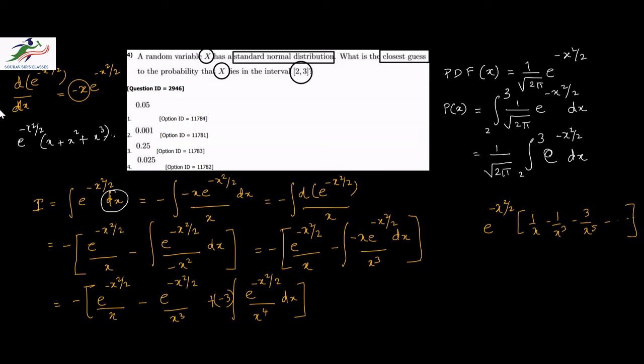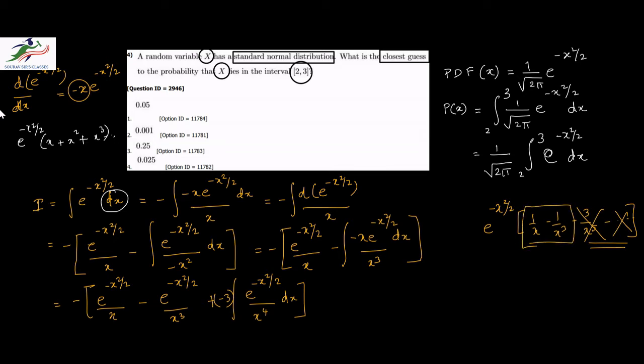Now since we are asked to find a closest guess, we can ignore the rest of the terms because as the powers increase, the reciprocal of the powers will decrease rapidly. So we ignore the rest of the terms and we just focus on the first two terms.